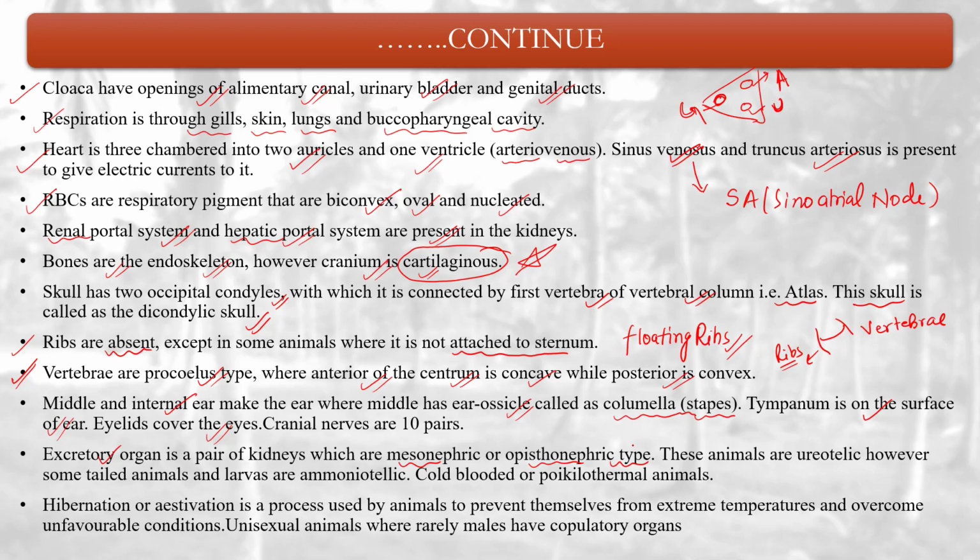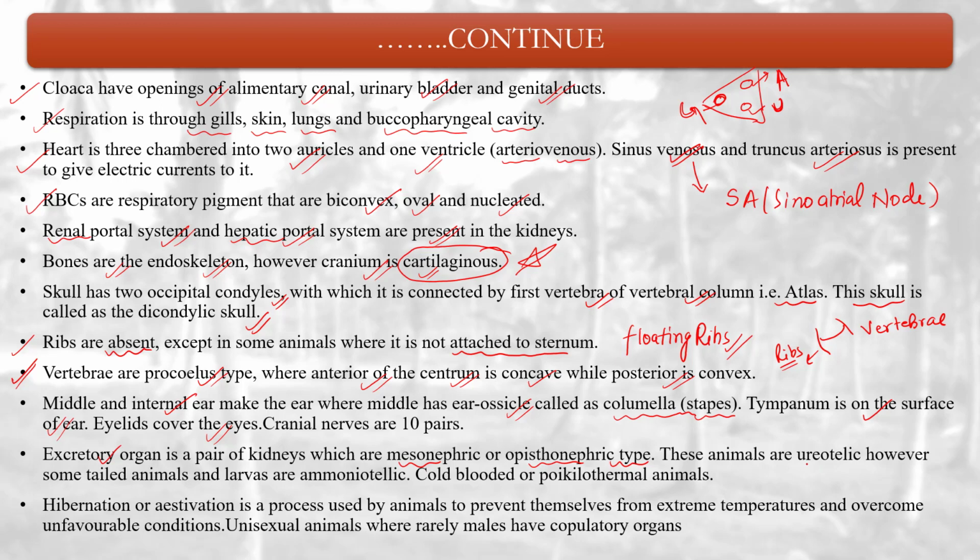Okay, they develop from most of the nephric part. In case of the metanephric kidney in adults, the posterior part can develop to form this opisthonephric type. So this opisthonephric type is present in some amphibians, either mesonephric or opisthonephric.